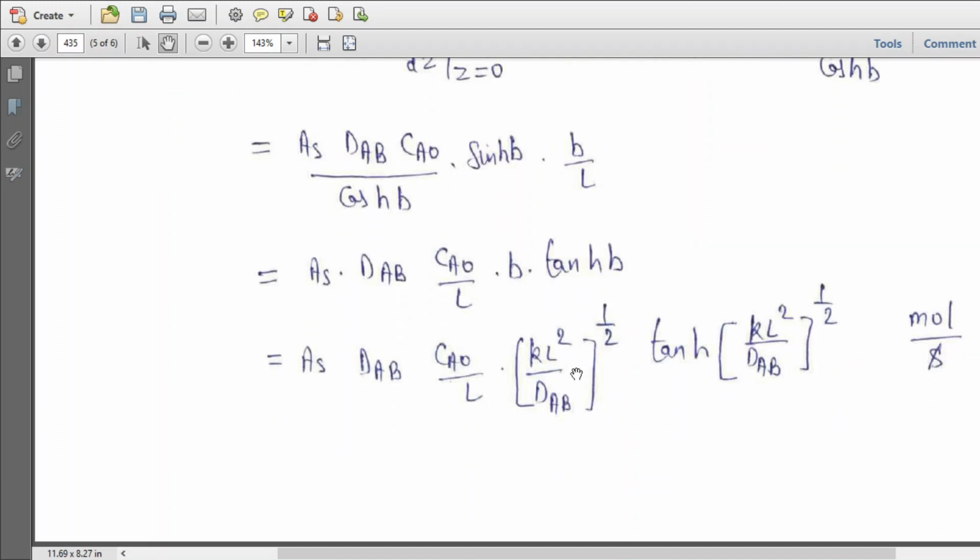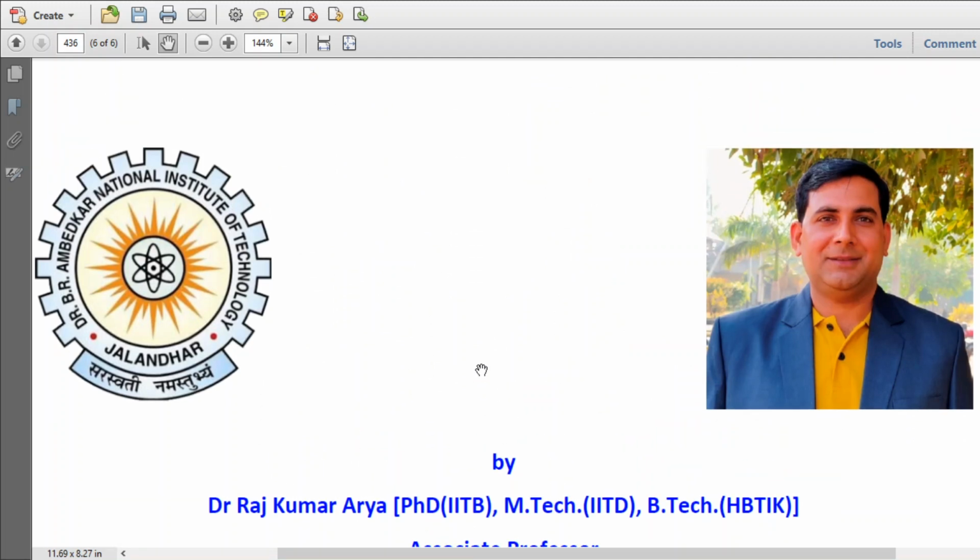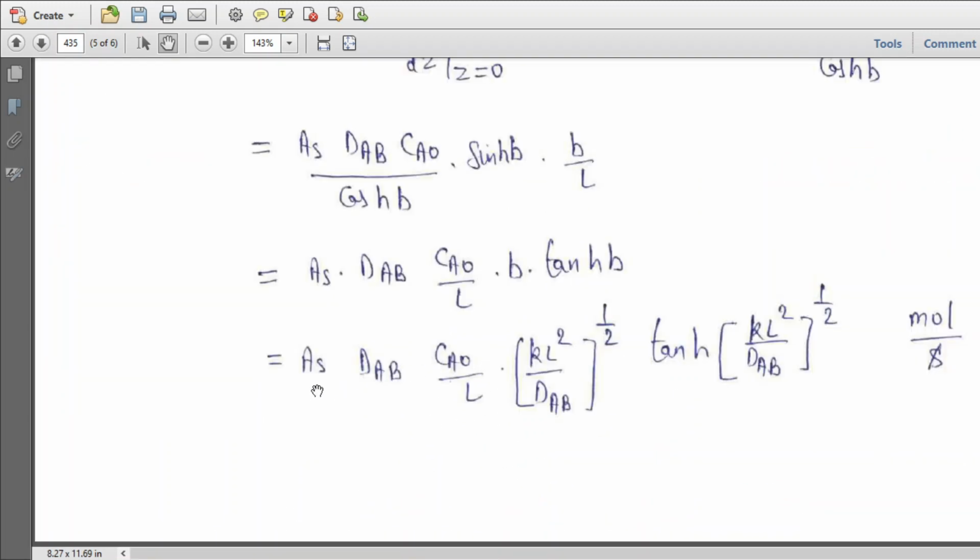So the final expression is A times dAB Ca0 by L multiplied by b, where b is (k L square upon dAB) to the power 1 by 2, times tanh b. So substitute the expression for b, and this is in moles per unit second.